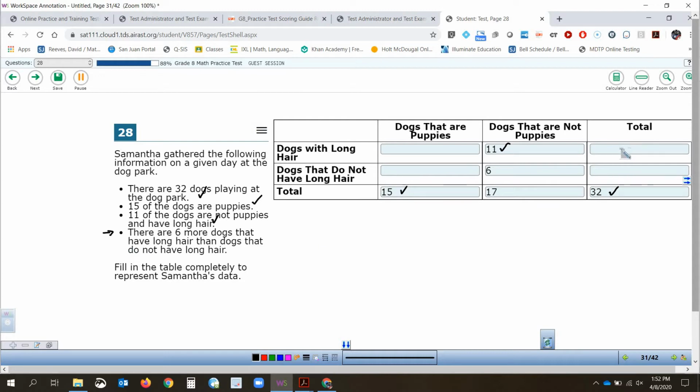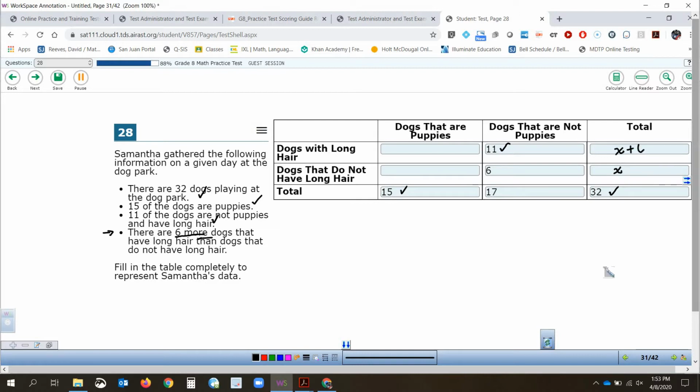All right, now the problem is we don't know either of those. So, maybe we're going to have to actually represent something we don't know like we do in algebra with a variable. So, dogs that do not have long hair, I'm going to call that X. And dogs that do have long hair is 6 more. Well, how do you do 6 more than something?